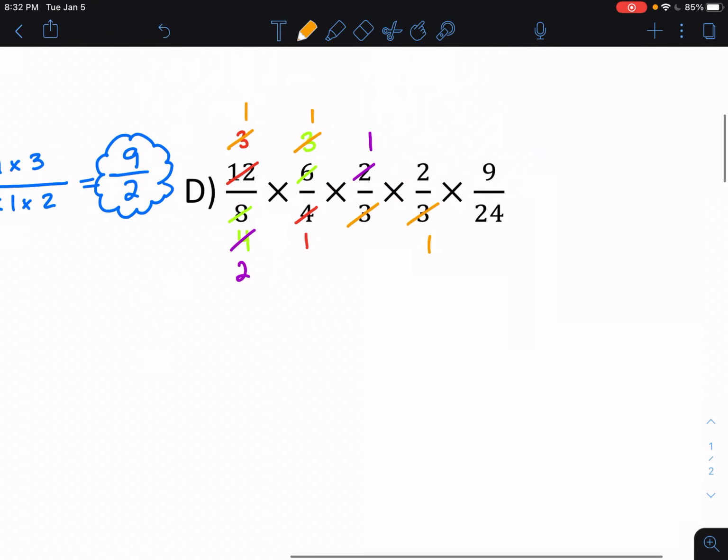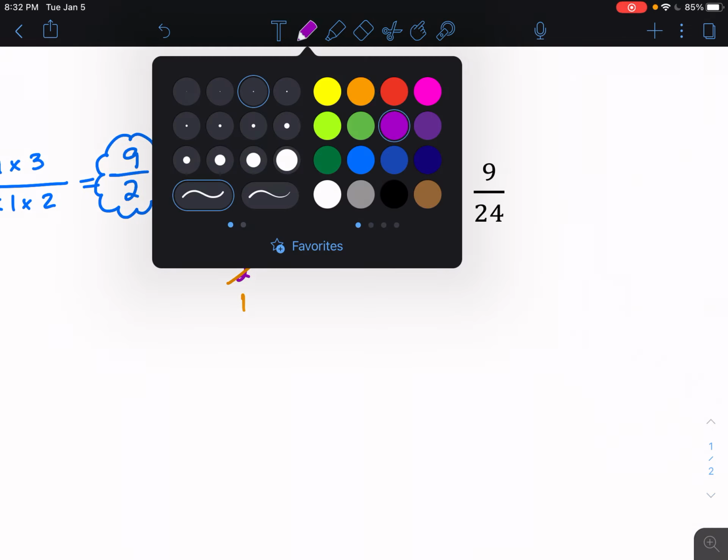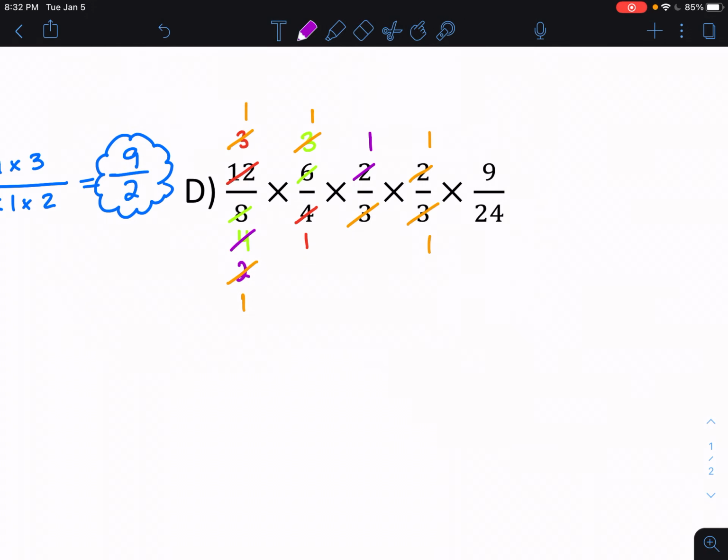And then I've got 2's that can cancel, 2 and 2, so this becomes a 1. And then at the very end here, I'm left with the fraction 9 over 24. 9 and 24 have a 3 in common, so this last fraction can still be simplified. So 9 divided by 3 is 3, and 24 divided by 3 is 8.